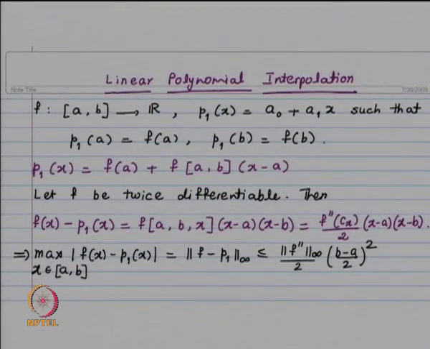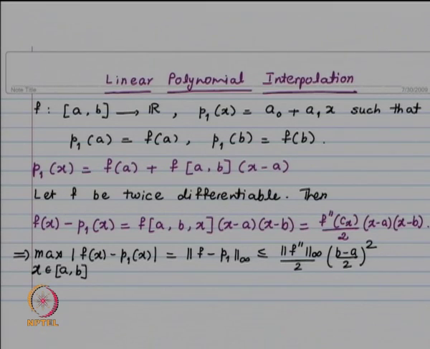This part we had seen last time, that for linear polynomial interpolation, the norm of f minus p_1, its infinity norm, is less than or equal to the norm of f double dash, infinity, divided by 2, into ((b minus a) by 2) squared. Our function is going to be linear on each interval [t_i, t_{i+1}].